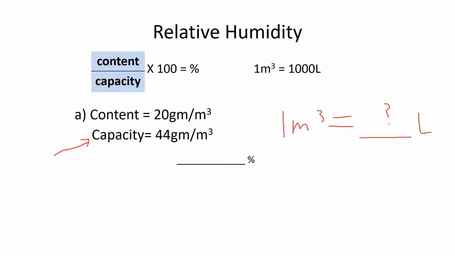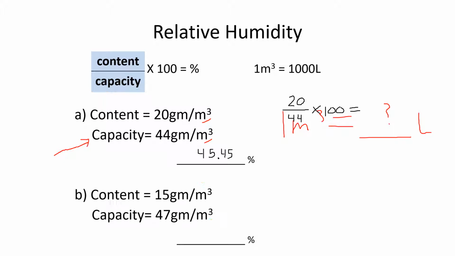Okay, if the units are the same, no problem. You can just divide, they'll cancel out. So 20 divided by 44 times 100 gives you your percentage. And for B, same thing. All you gotta do is take your quotient and times 100.